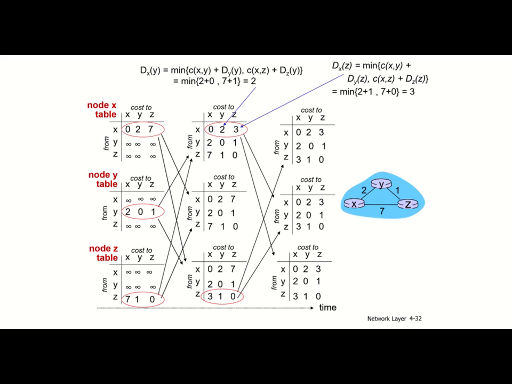Since everyone notifies each other of the change, at the last step of this algorithm, as you see, all of these three tables contain the same distances, because all the tables will converge to each other eventually because of the message exchange between neighbors.